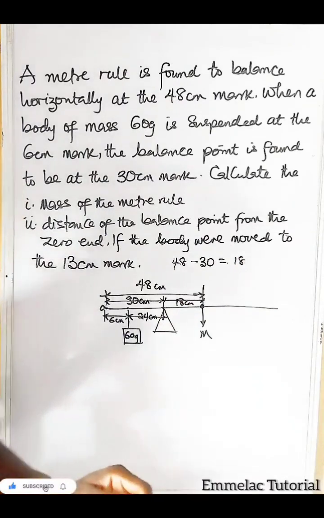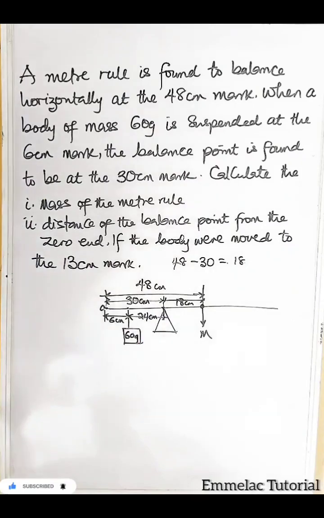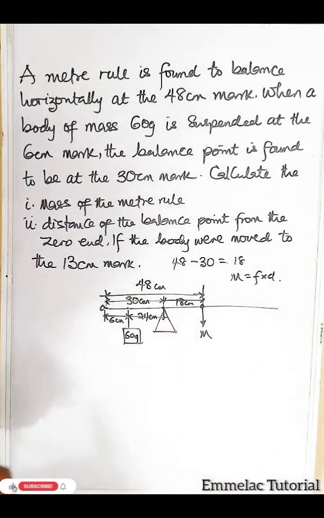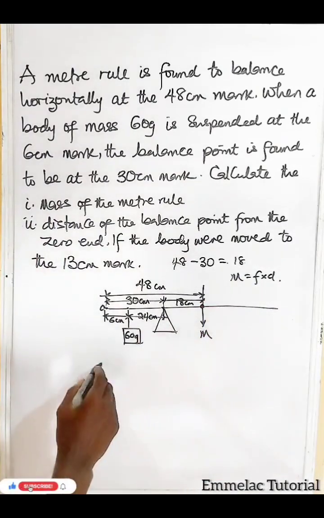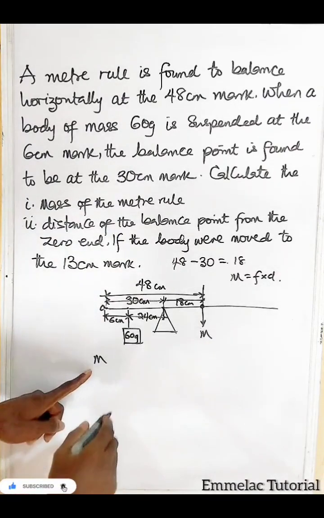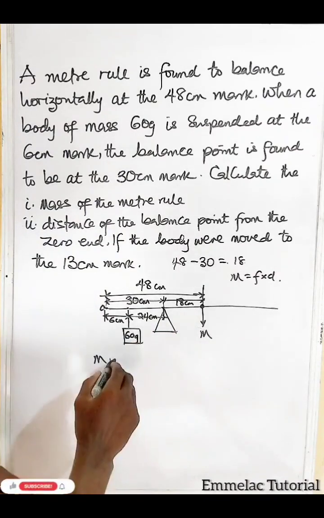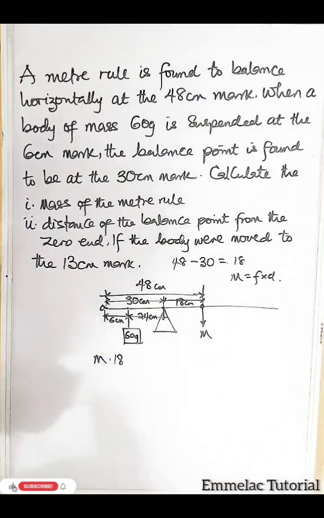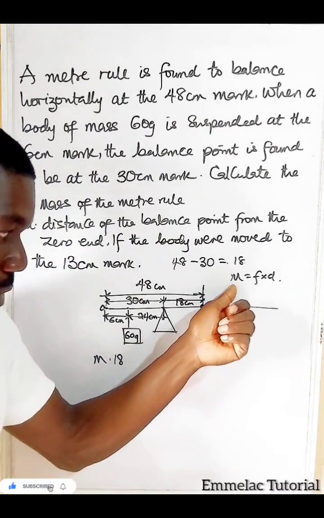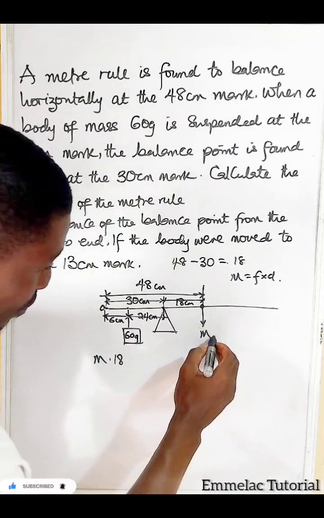Now we'll be taking moment about the pivot. Take note that moment equals force times distance. So we take m, the mass we're looking for, times the distance 18. Somebody asked me, this m is different from the moment, so let me put g so that you won't get mistaken.